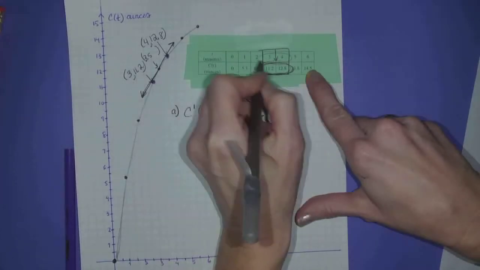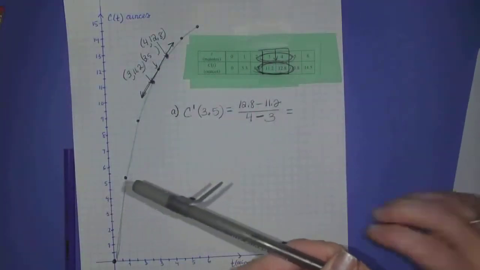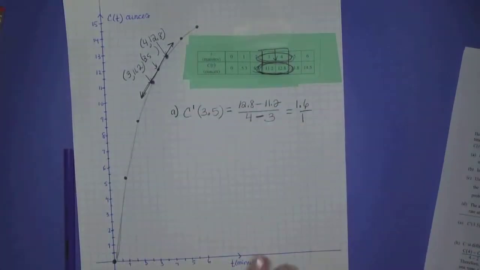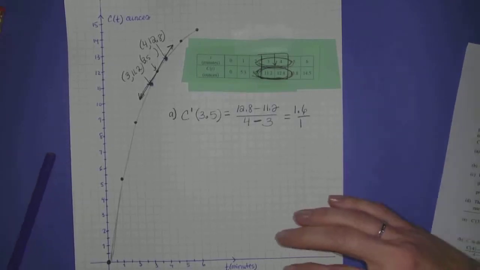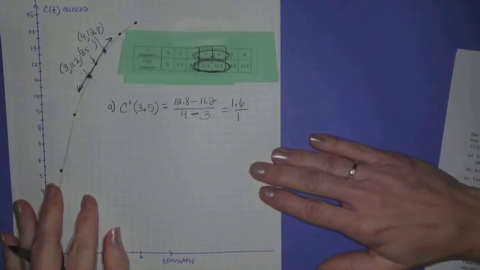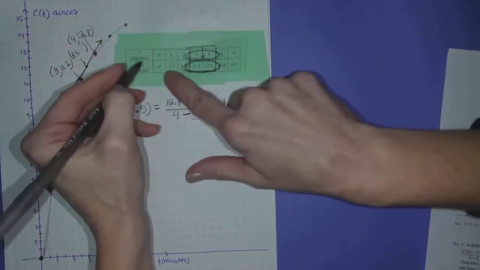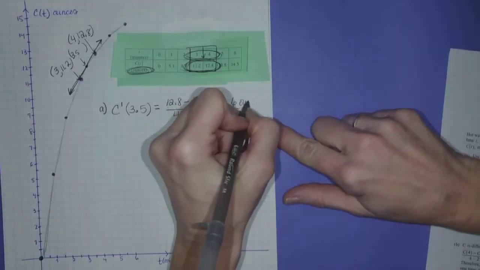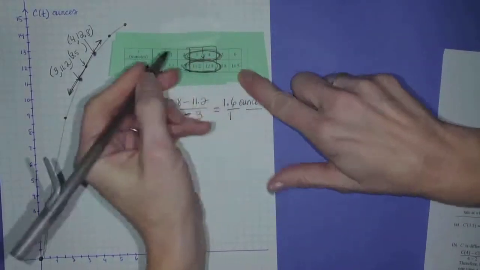That's the change in these x's. And so that calculation is going to give me 1.6 divided by 1. Now they want units. They said show the computations and indicate your units of measure. So let's say 1.6 ounces per 1 minute.